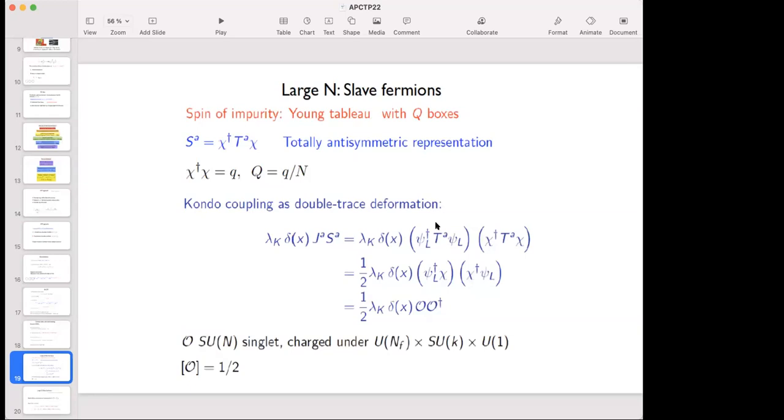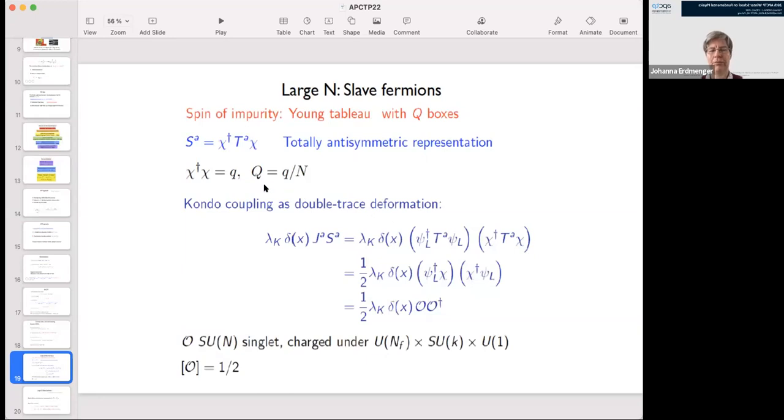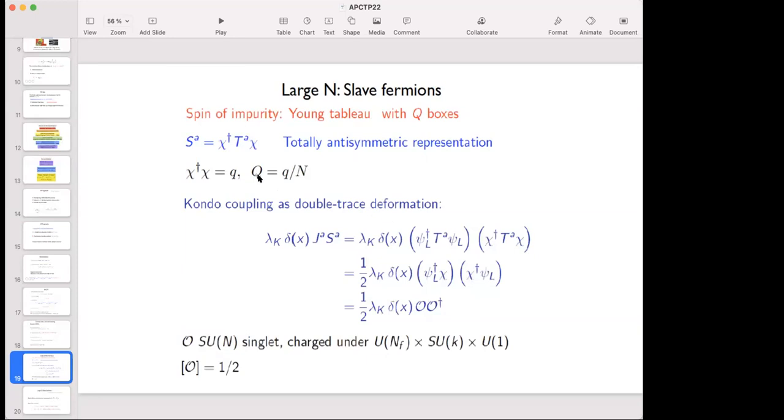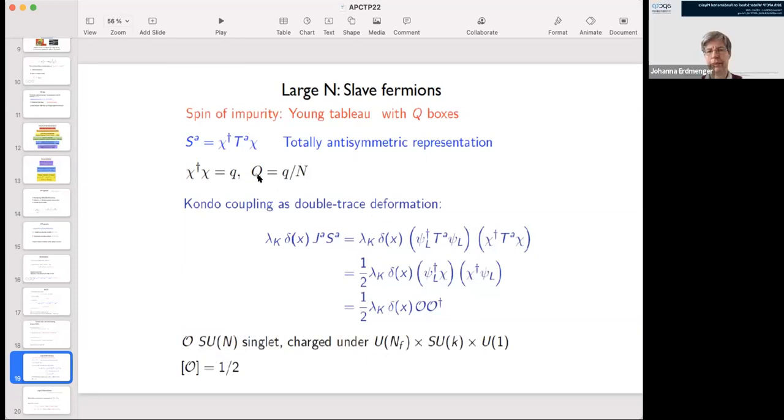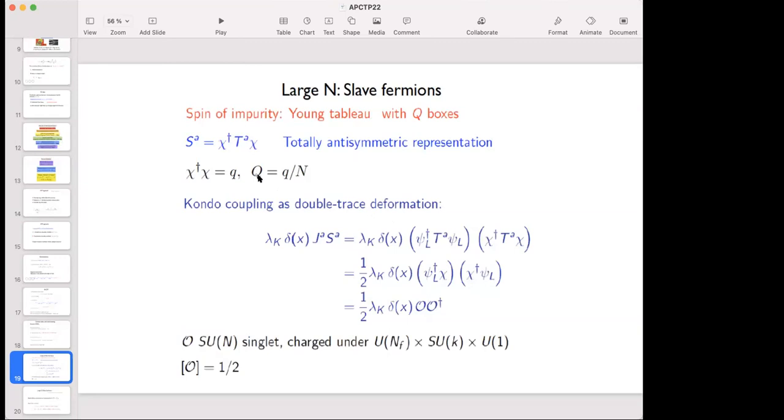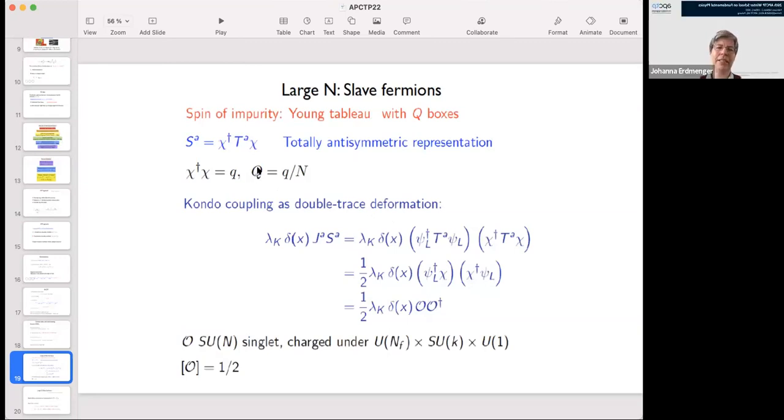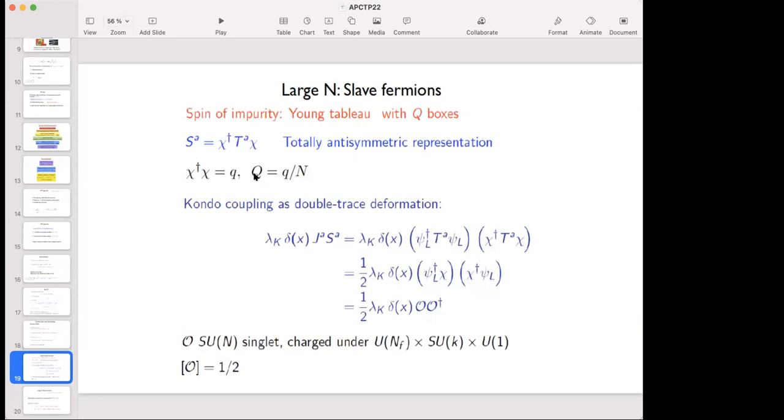Johanna? Yeah. Could you say, small q is a large number? Yeah, I mean, you can take it to be large, but you can also take it to be small. Chi is sitting only at the boundary? Yes. At 0? Yes. Yeah, I mean, you can take q to be large, but you don't have to. You can also take q to be small. I mean, the important thing is that N is large. But then you can always adjust little q. You say that the q is the number of boxes?